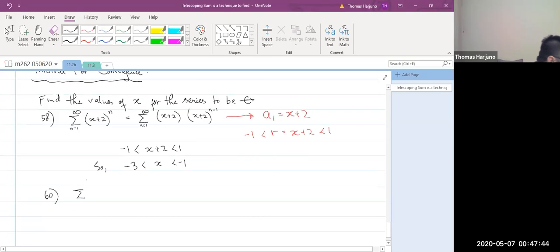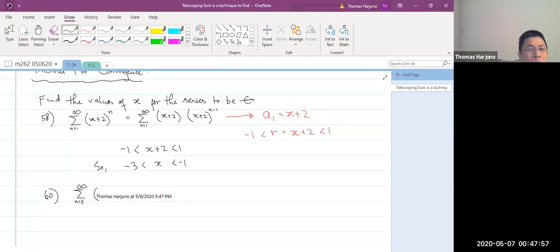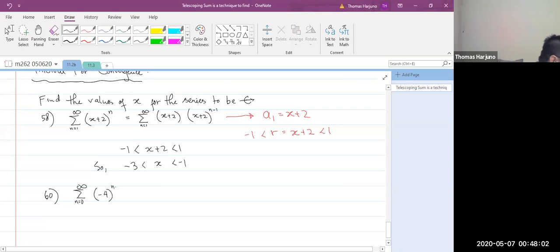The series from 0 to infinity, you will see the 0 doesn't matter, of (-4) to the n times (x minus 5) to the n. Notice that I can rewrite this as the sum from n equals 0 to infinity of (-4x plus 20) to the n.